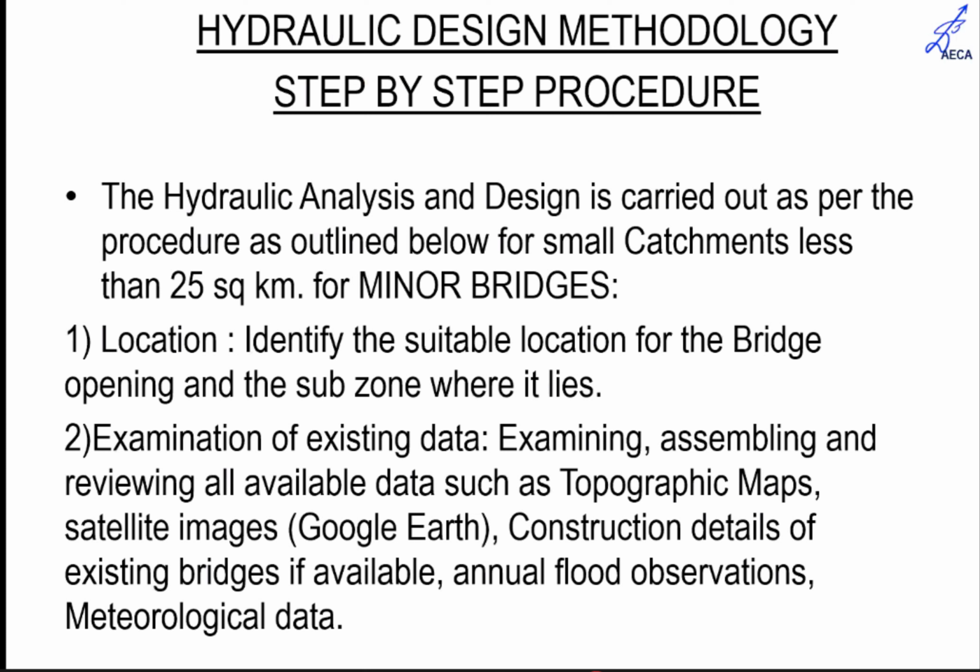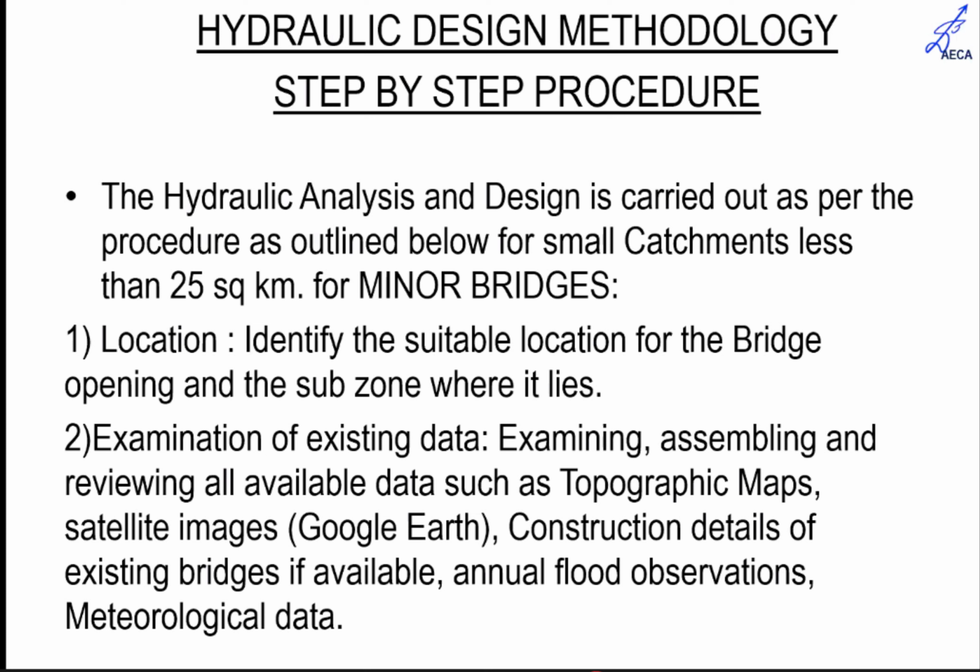Now we will take, step by step, the procedure of how to estimate the discharge for catchments which are less than 25 square kilometers, particularly for the minor bridges. So we first identify the location of the bridge and then find out the sub-zone where it is lying.